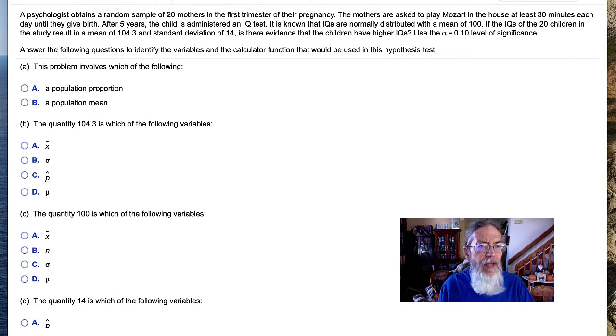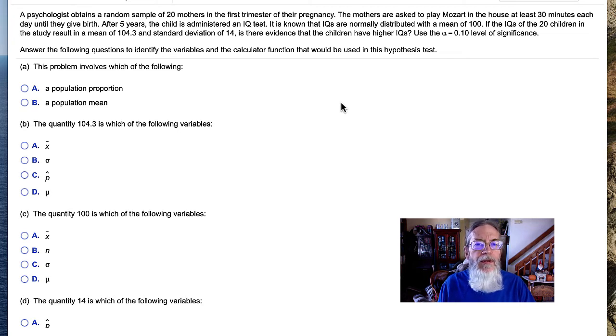So we've got a psychologist. He obtains a random sample of 20 mothers in the first trimester of their pregnancy. The mother asks to play Mozart in the house at least 30 minutes each day until they gave birth. After 5 years, the child is administered an IQ test. It is known that IQs are normally distributed with a mean of 100.